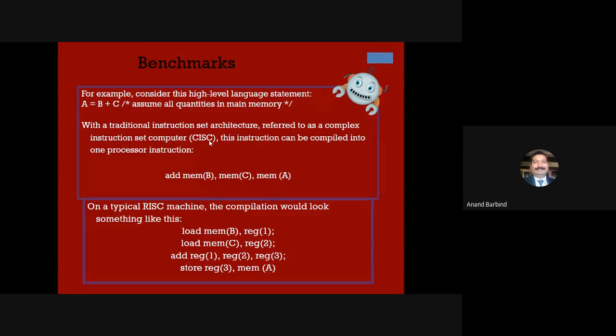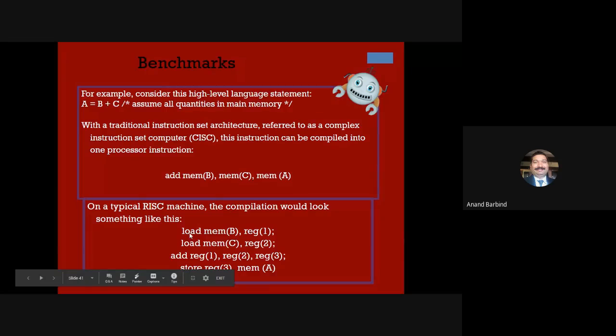Okay, so the architecture of the CISC is different from the architecture of the RISC. What is RISC? RISC is reduced instruction set computer, or reduced instruction set computing machine. RISC usually has a simple architecture and simple instructions. So when the same operation, A is equal to B plus C, is to be performed on a RISC type of processor, you need more instructions.